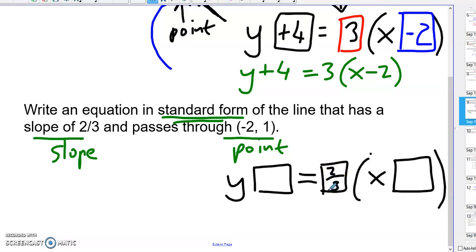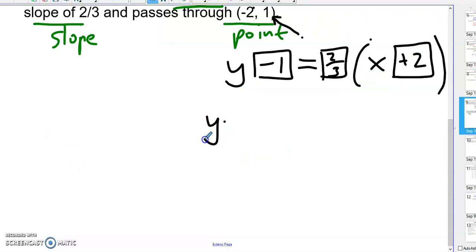Then the y coordinate for the point is 1. The opposite of +1 is -1. The opposite of -2, which is our x coordinate, is +2, so we write that there. So this is y - 1 equals 2/3 (x + 2).